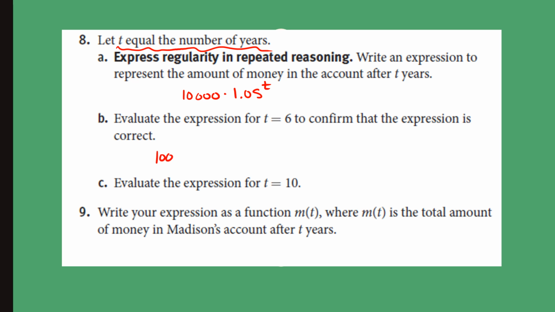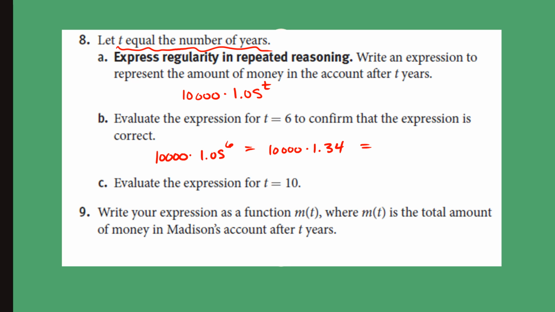So if we go 10,000 times 1.05 to the 6th, remember we have to do order of operations. So 1.05 to the 6th power is going to give us, please be doing this yourself, don't just copy down what I say, but it gives us 1.34.